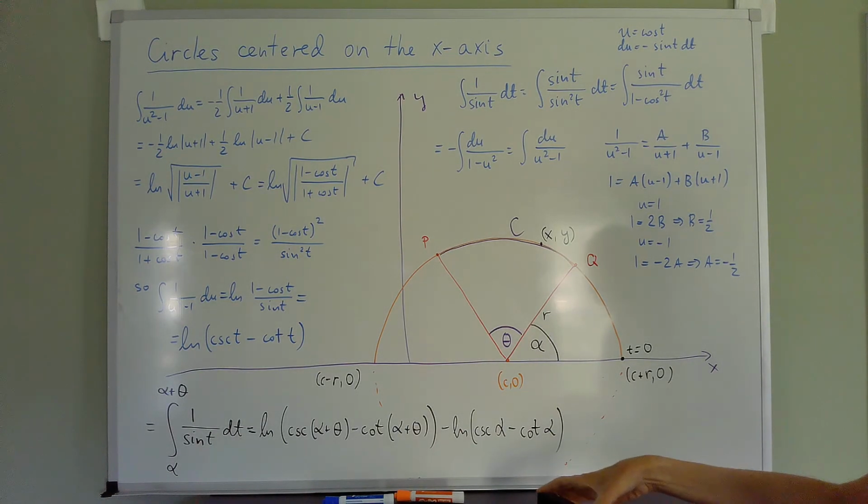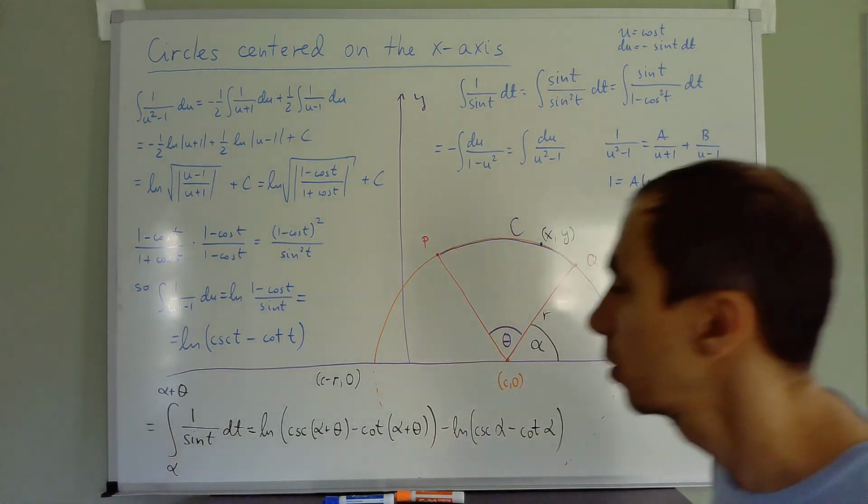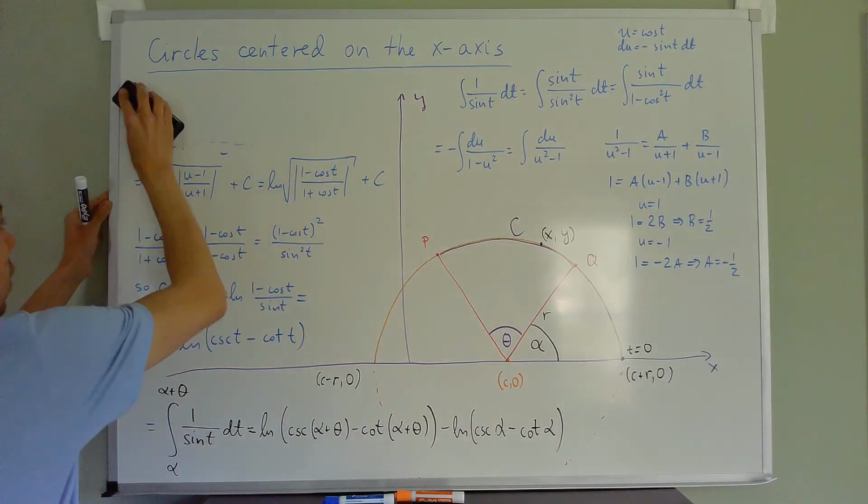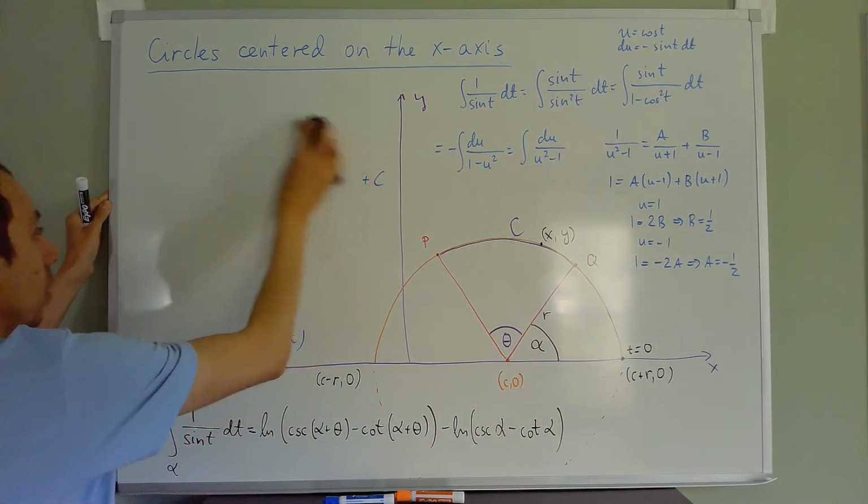So finally, the difference of natural logs is the natural log of the ratio.